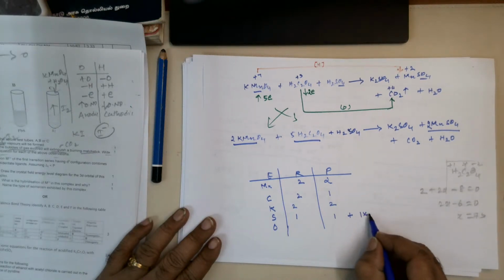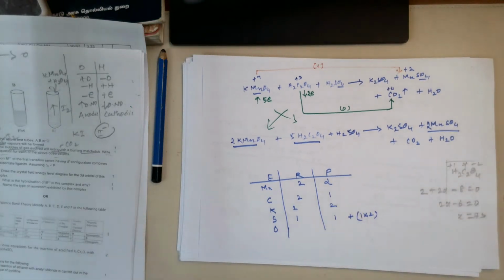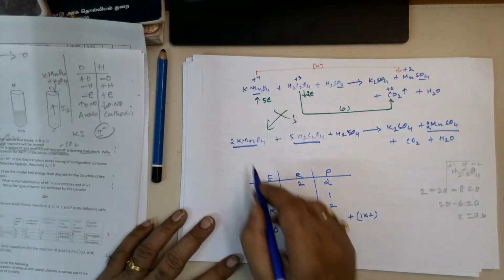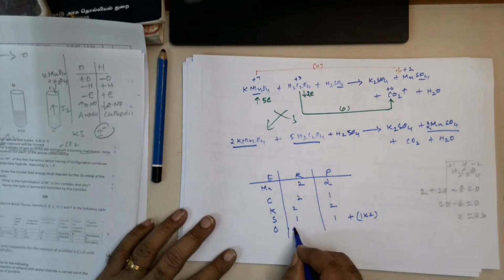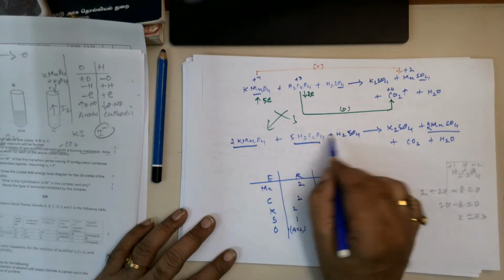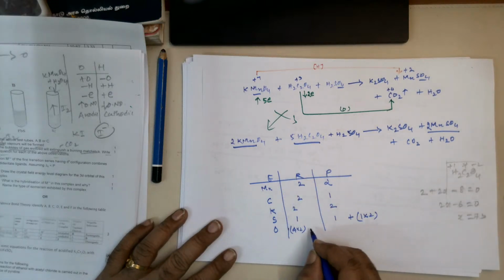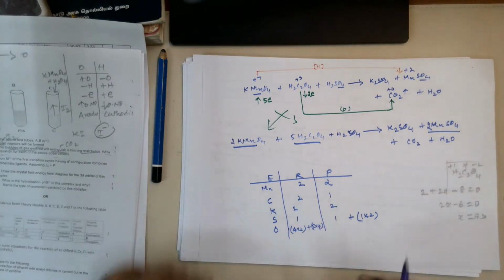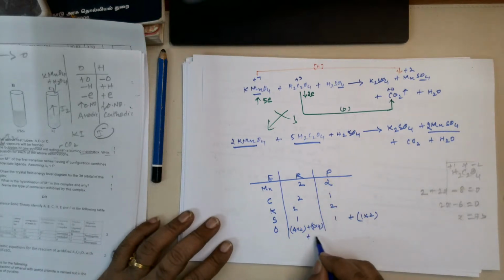Now we have multiplied this by 2. Do you understand? And what about oxygen? Oxygen is 4 here, but there are 2 of them, so multiplied by 2. And here 5 into 4, 20, is it not? So you can write as 5 into 4. You have to write like this only. And what about here? Only 4.